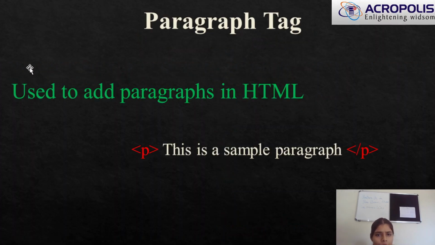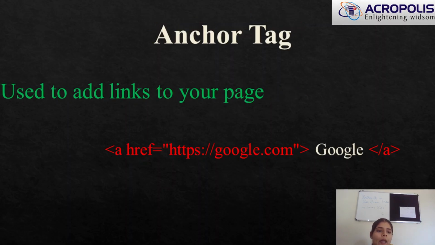Paragraph tag. The p tag is used to add a paragraph in HTML. Inside the paragraph tag, we write some content. The anchor tag is used to add links to our page. Here a is the anchor opening tag, and slash a is the closing tag of our anchor tag.